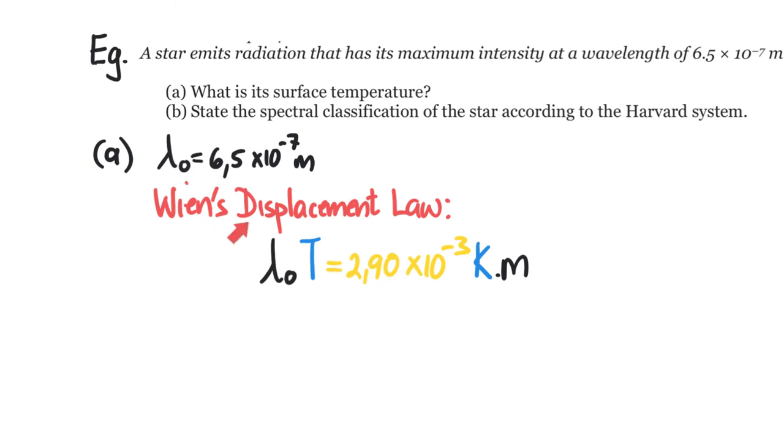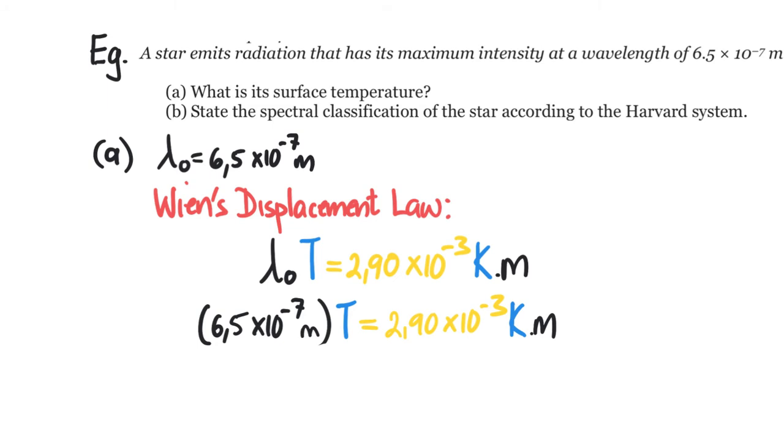Using Wien's displacement law, lambda 0 multiplied by T equals 2,9 times 10 to the negative 3 Kelvin meters. And substituting for lambda 0, 6,5 times 10 to the negative 7 meters multiplied by capital T equals 2,90 times 10 to the negative 3.